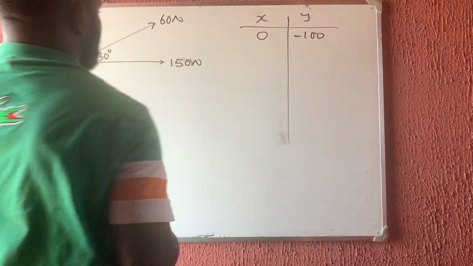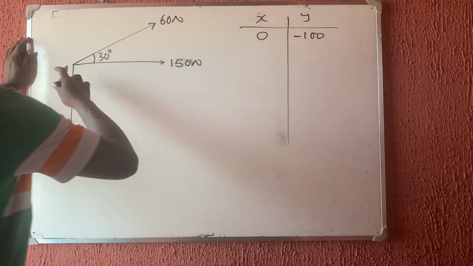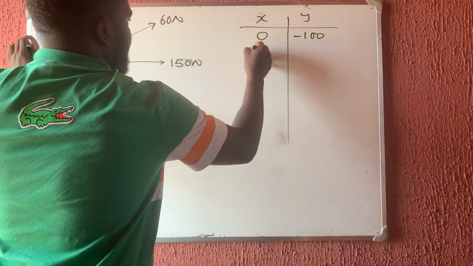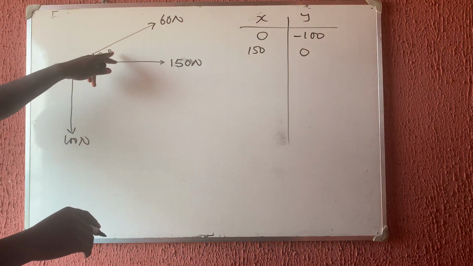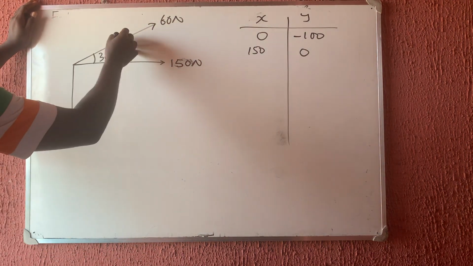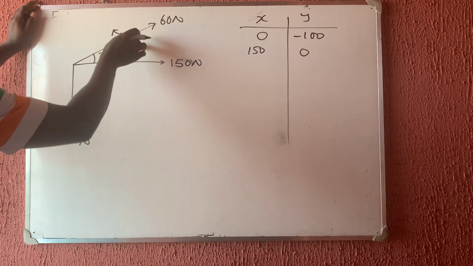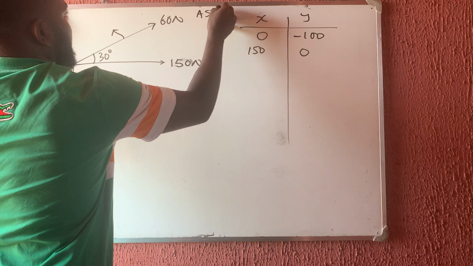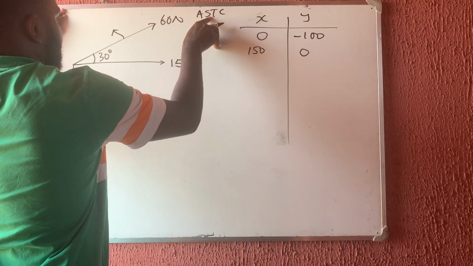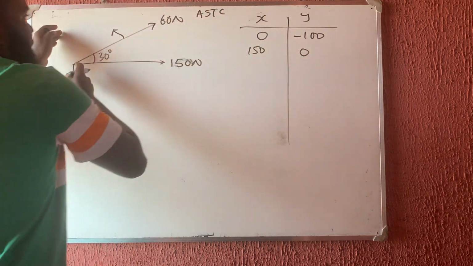Then for the other side is 0. To resolve this one on the x-axis is at the right-hand side, so it's going to be 150. But for this side, it's going to be 0. Now, to resolve this one vertically means this is moving away from the angle. And if you are moving away from the angle, don't forget SOH CAH TOA: away from the angle, use sine.